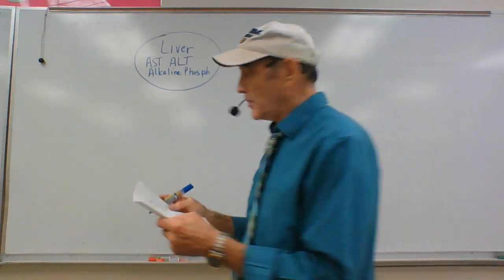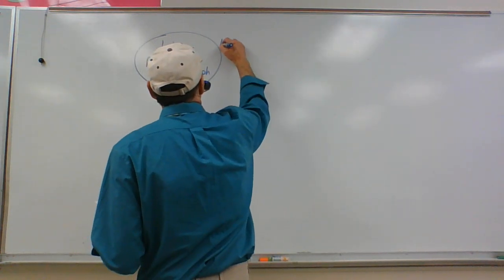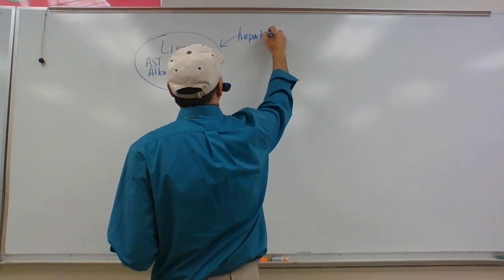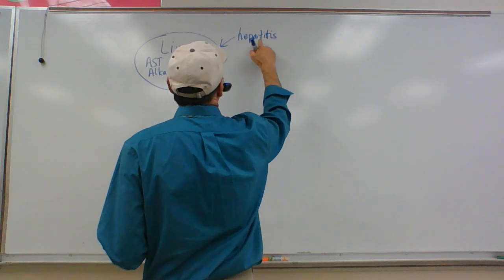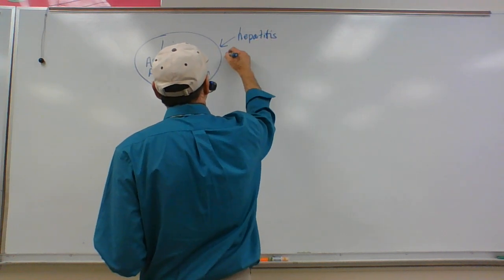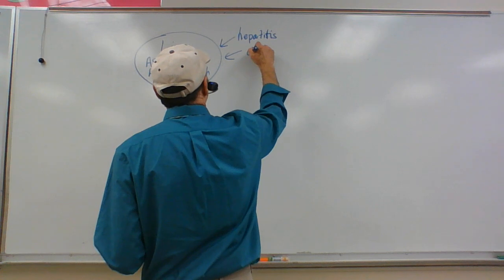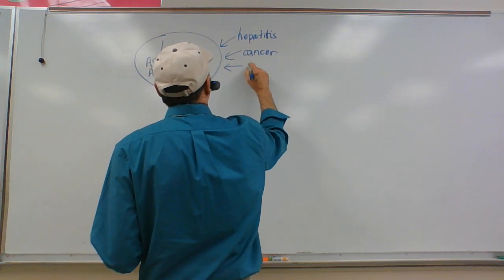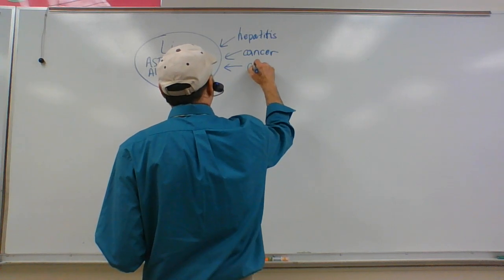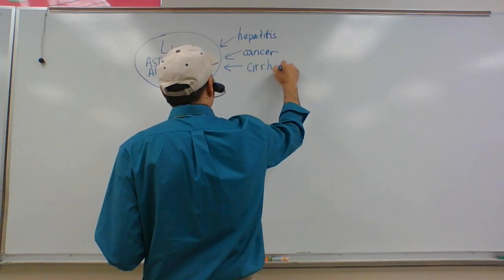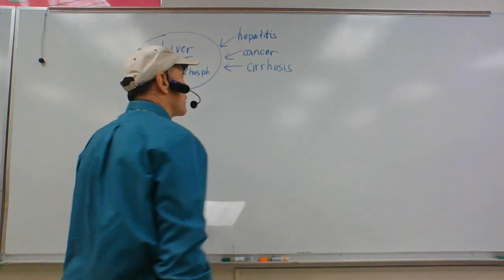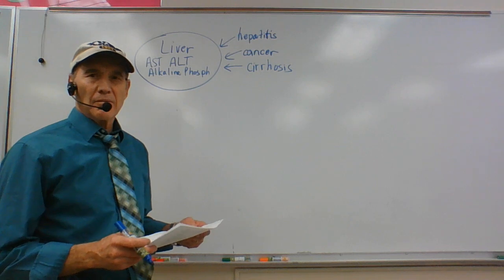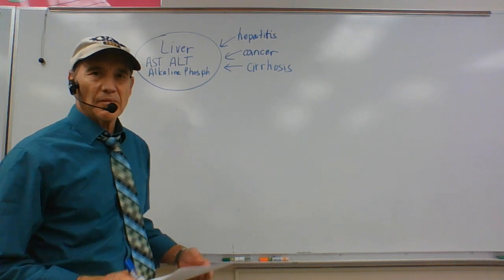So now if you've got something like hepatitis, or liver cancer, hopefully not, or cirrhosis, well, that's going to be fun to spell. Cirrhosis of the liver, that's a fibrotic liver, scarred liver, damaged liver.